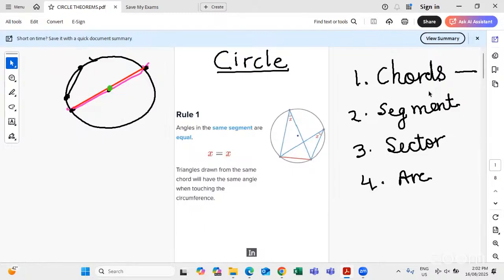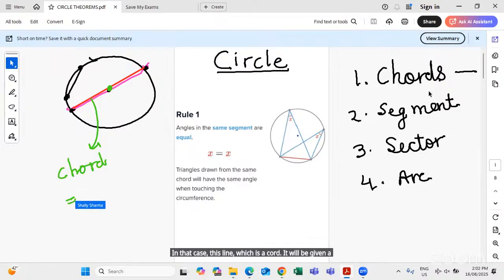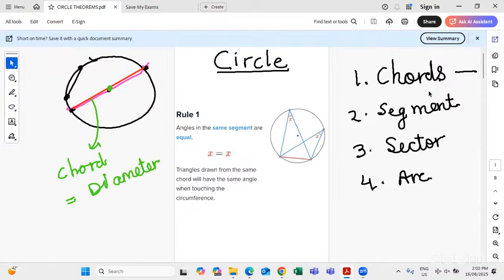In that case, this line, which is a chord, will be given a special name, and that special name is diameter. So diameter is a special case of the chords.